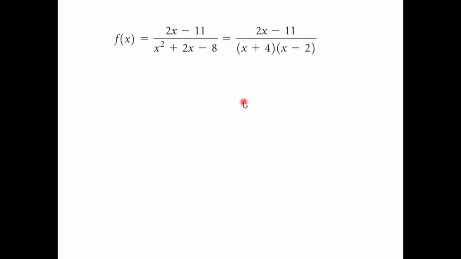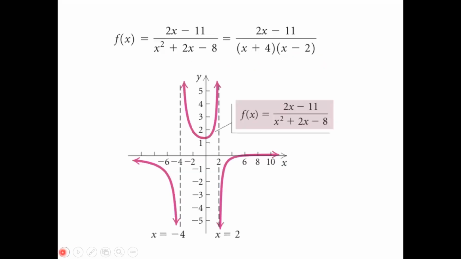After you factor, all you have to do is equate the denominator to 0. So you have x plus 4 equals 0 and x minus 2 equals 0. That gives you the two vertical lines. So you have x equals negative 4 and x equals 2 as your vertical asymptotes.